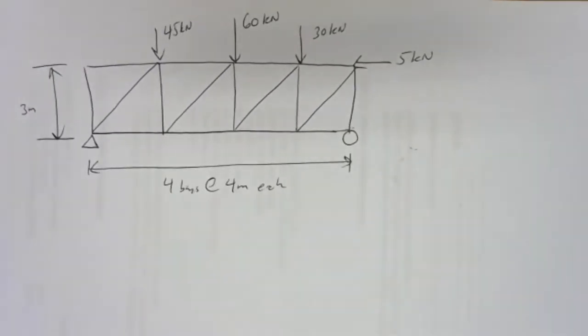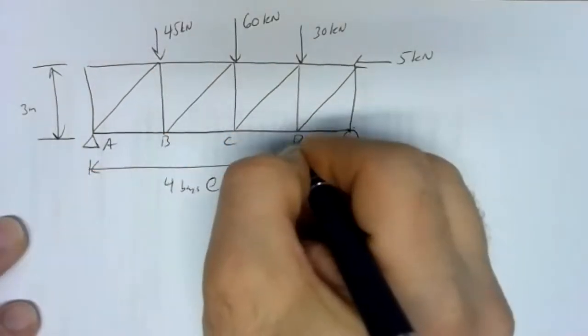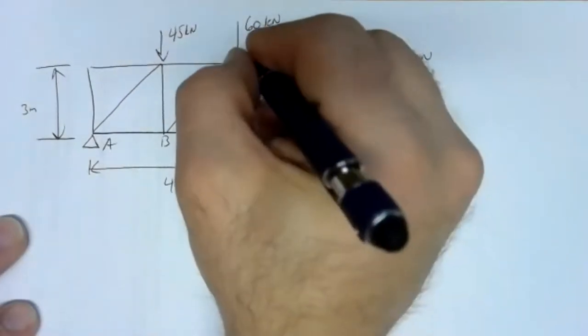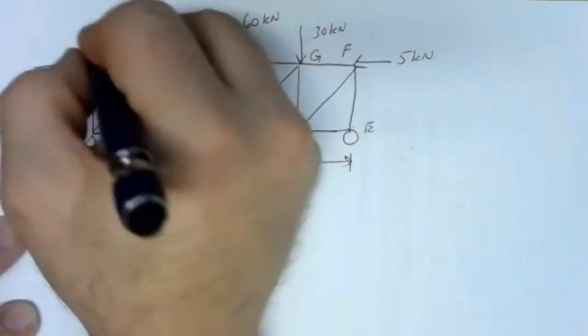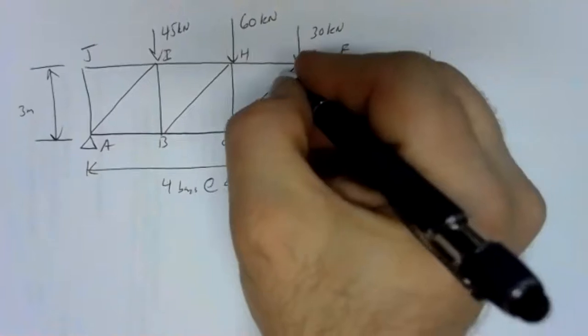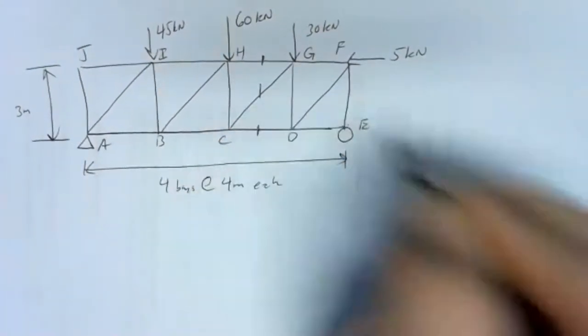So there we've got our truss. We've got joints A, B, C, D, E, F, G, H, I, and J. So that's the truss, and we want to know what's going on in members GH, CG, and CD.